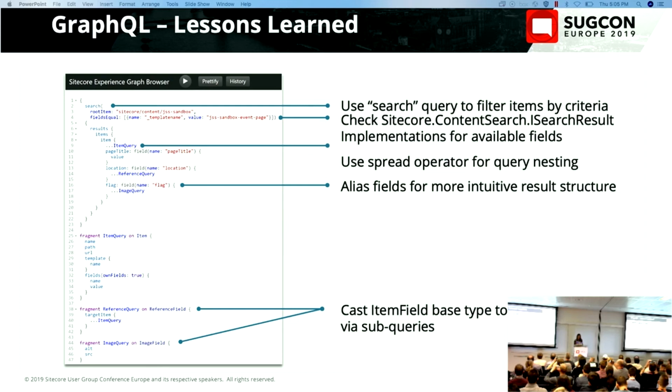That's how I found out what to use to get the template filtering. And you can use the spread operator to spread your fragments to make them reusable. Aliases are available to specify exactly what the results should look like. And then you can cast your item field to other field types.